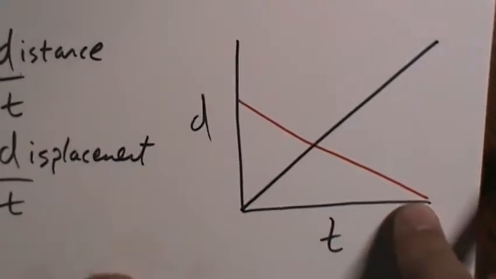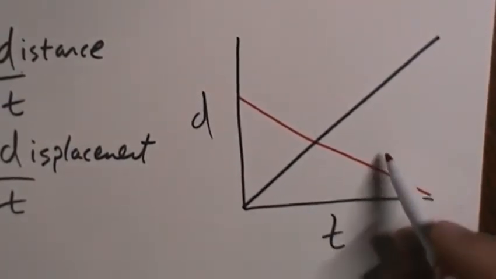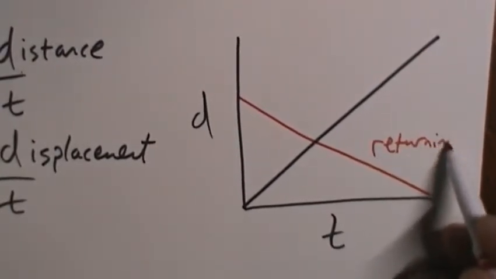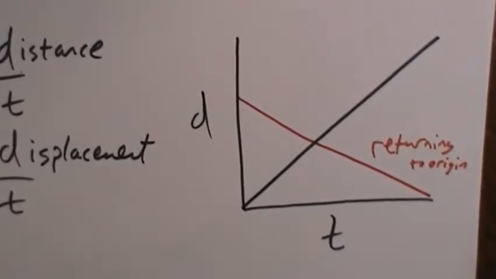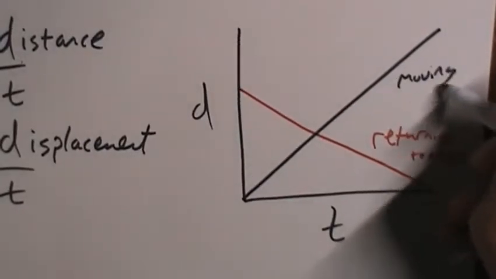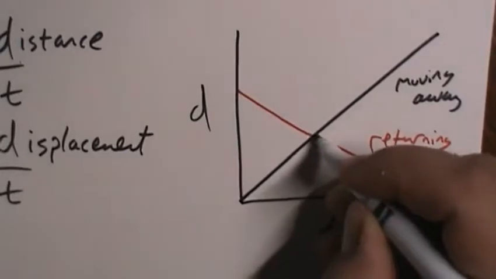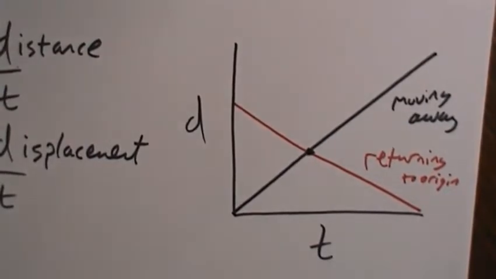Or they could ask you what's the difference between these two. And you go, okay, well, this red guy is returning to start, or origin, whatever that happens to be that we've chosen, and this guy is moving away from the origin. At this point, they've crossed paths, so they haven't hit each other, they've just passed by each other, like two cars traveling in opposite directions.